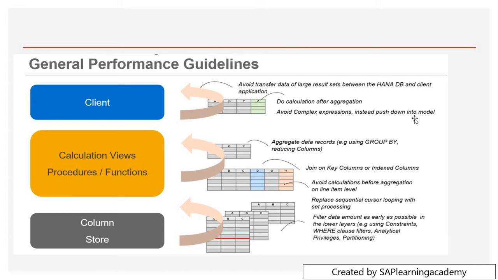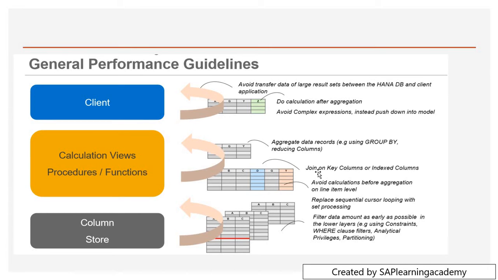And once you bring the data, like in this slide I told, aggregate data records using group by or reducing columns. Suppose your table has 50 columns but you need only 10 columns, then you can always do aggregation by the group by, and also you can reduce the columns, because this will actually improve the performance for the data modeling.